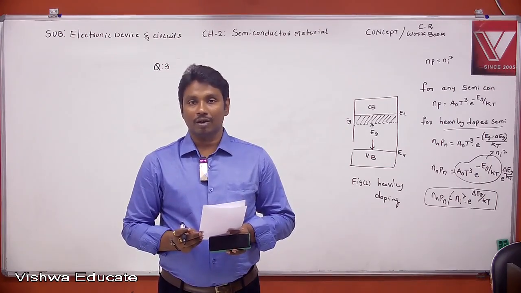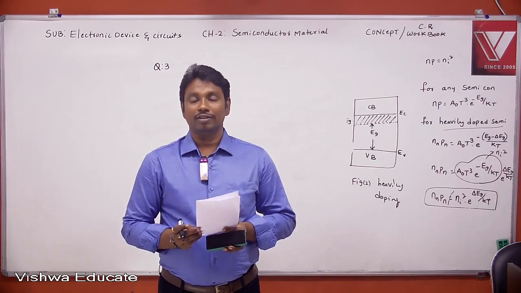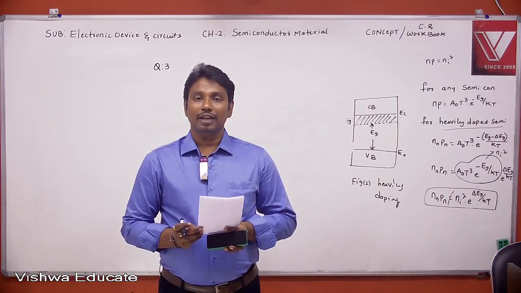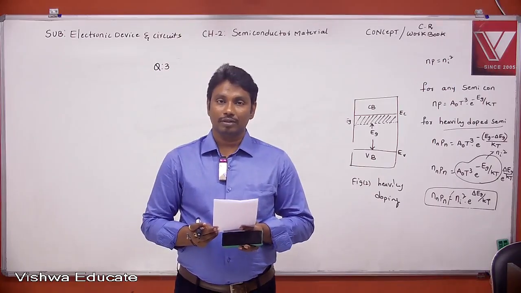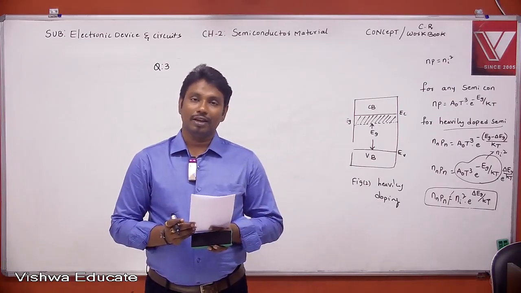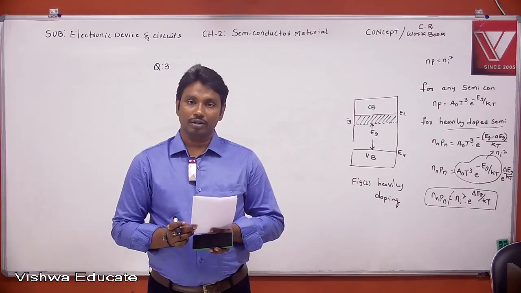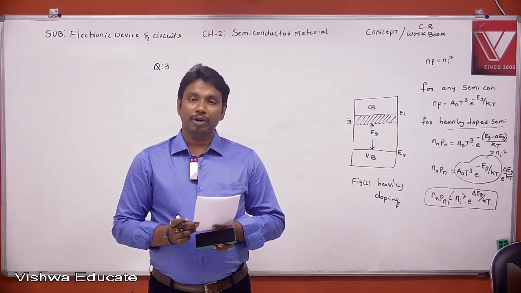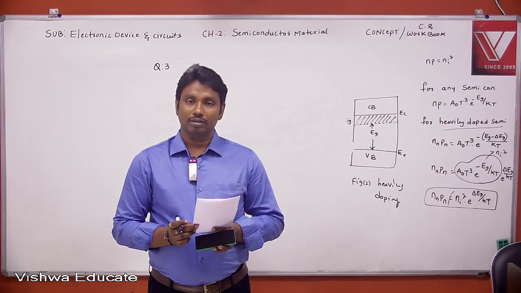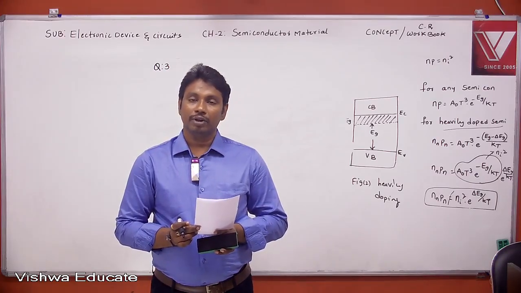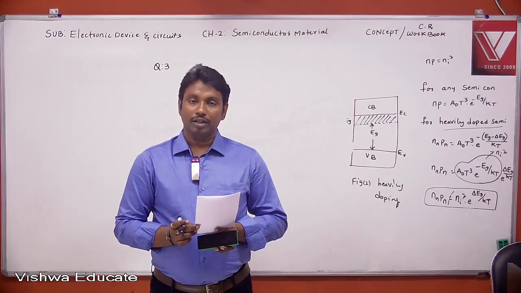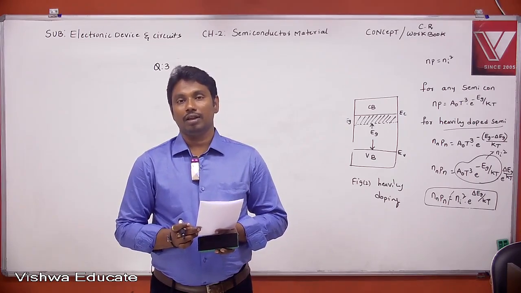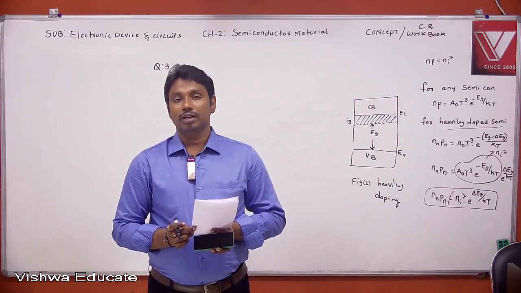Find the free electron and hole concentration when the net impurity concentration is 10 power 19 per centimeter cube.